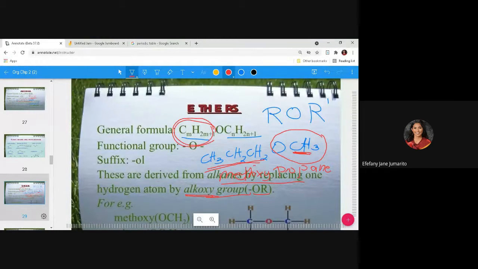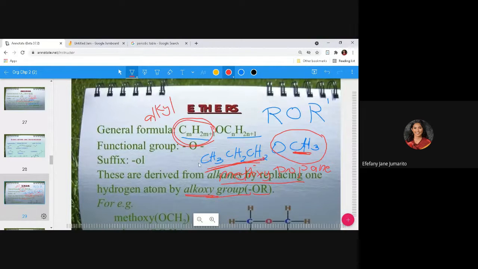Question, class. Okay, so if I have this one, the first thing is you find the parent chain. The parent chain is your alkyl group, right? Alkyl group: propyl, ethyl, methyl, butyl.